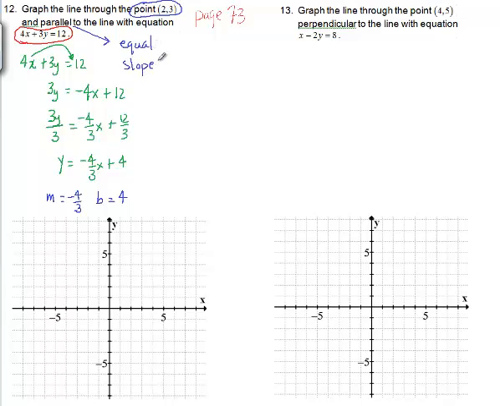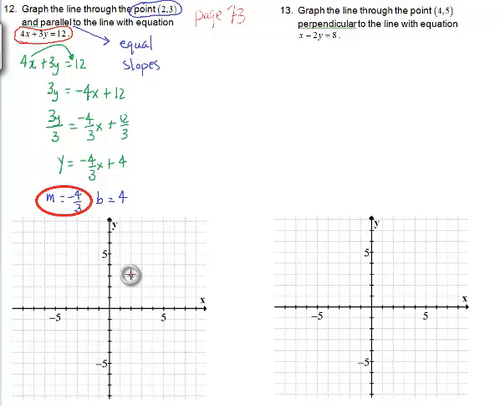So we want to use the same slope, this slope right here, negative 4/3. And we are also going to use the point up above, which is (2, 3). So let's find the point (2, 3).